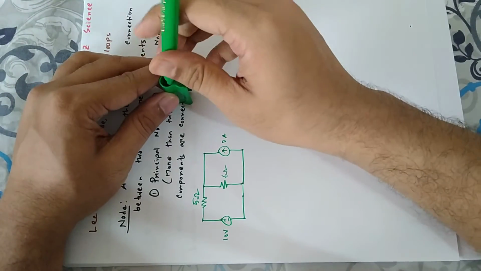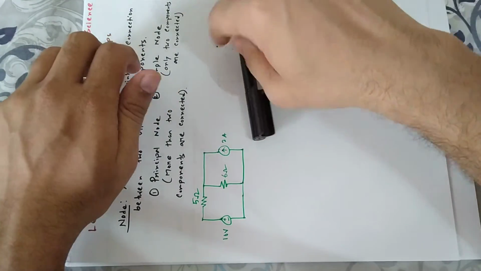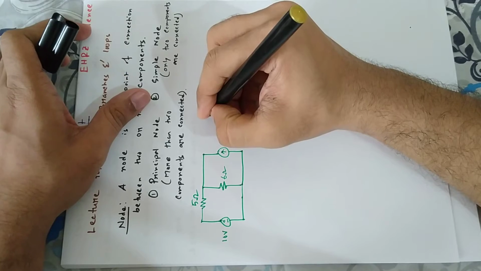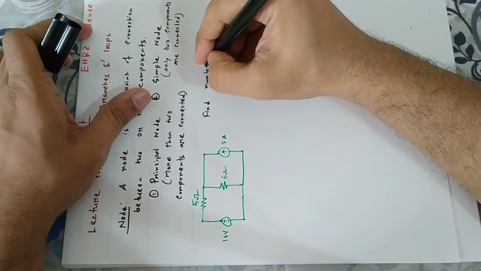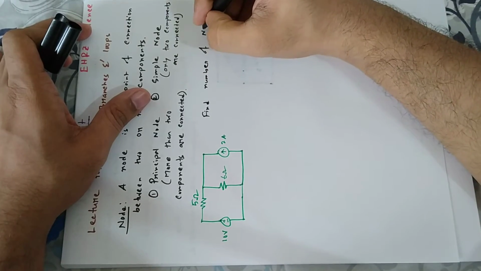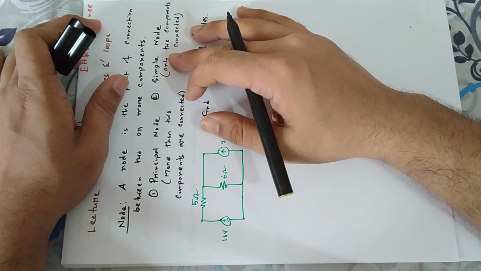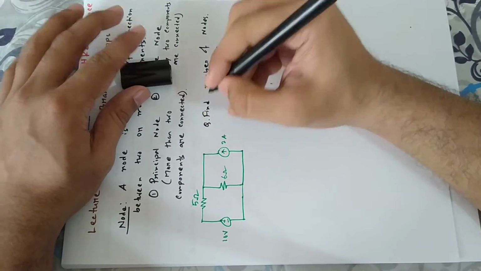Now let us identify the number of nodes in this circuit. So our goal is to find the number of nodes, more specifically the number of simple nodes and principal nodes. Okay, this is our question.